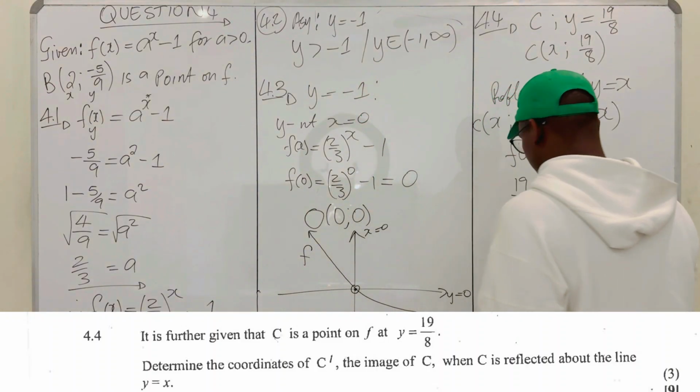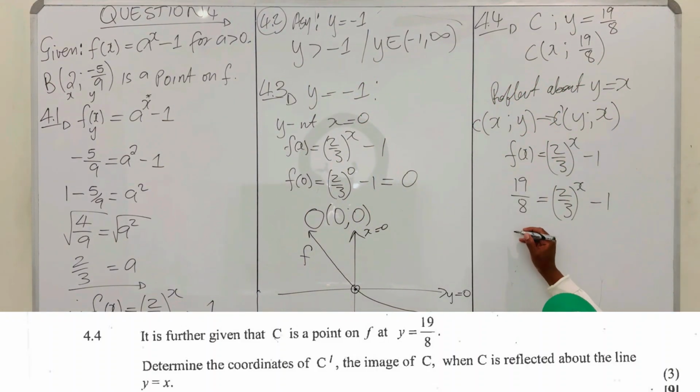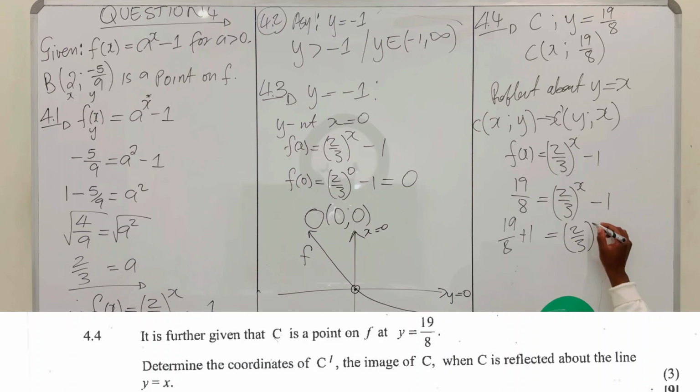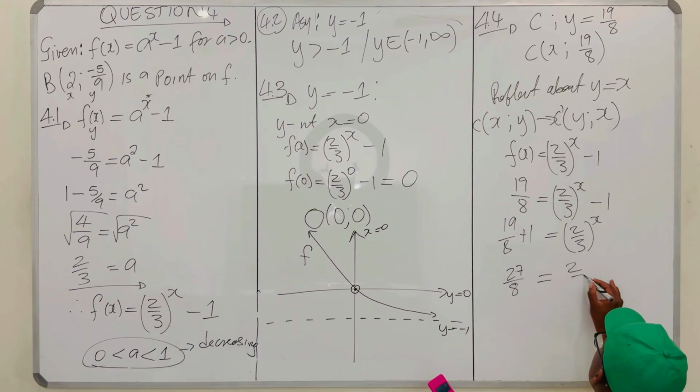What you will have is 19 over 8 plus 1 is equal to (2/3)^x. No problem. Let's add these two. If you say 19 over 8 and you add 1, you get that this is equal to 27 over 8, which is equal to (2/3)^x.